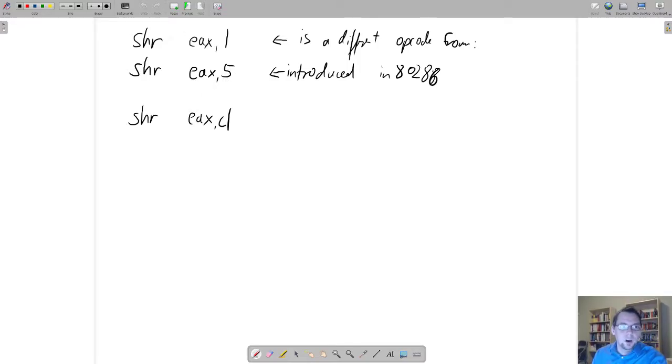So original 8086 could only shift by one position at a time. And if you wanted to do, say, a shift by 3, you either had to do shift right EAX by 3, or shift right AX by 1 three times, or you had to use the counted form, which happens to be defined as while CL not 0.